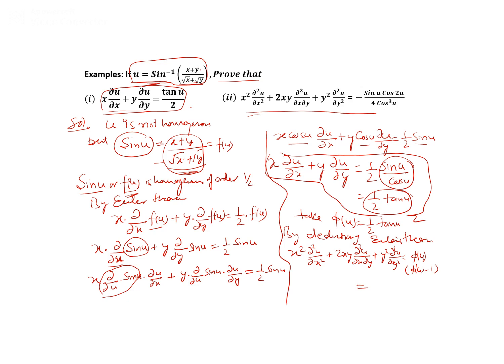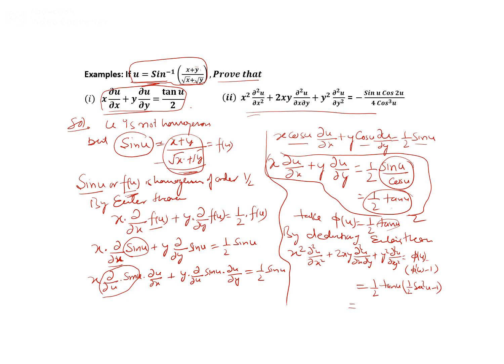So we just substitute on the right hand side. Phi u is what? 1 by 2 tan u, and the derivative of tan u is what? Sec square u. So we write 1 by 2 sec square u minus 1.